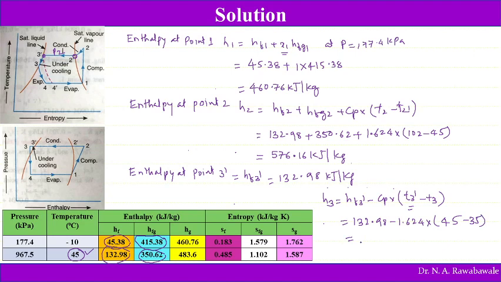So this gives 132.98 minus 1.624 into 10, which is 116.74 kilojoules per kg.